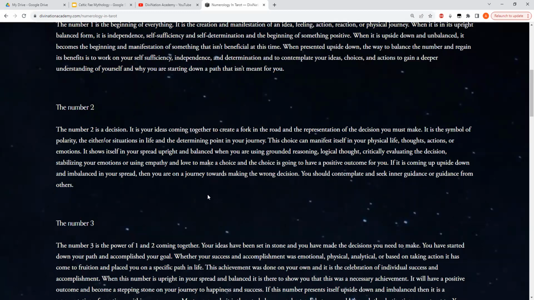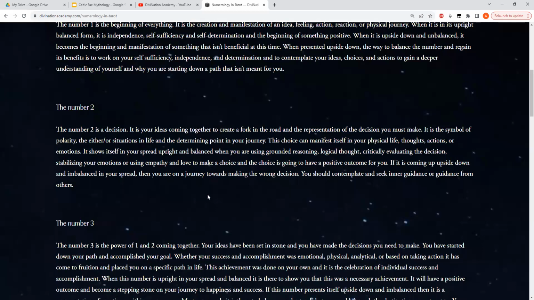So the balanced 2 is when you are using empathy, grounded reasoning, logical thought, critically evaluating the decision, stabilizing your emotions, and using love and kindness to make a choice. And the choice is going to end up having a positive outcome for you.